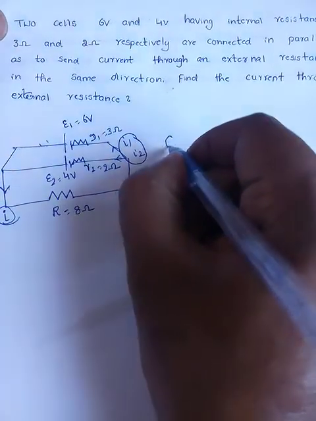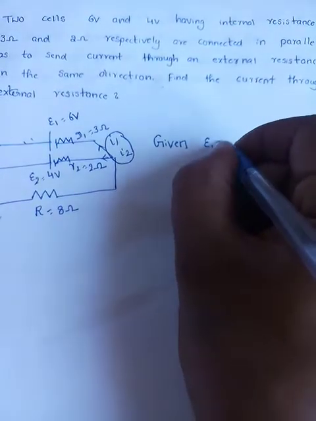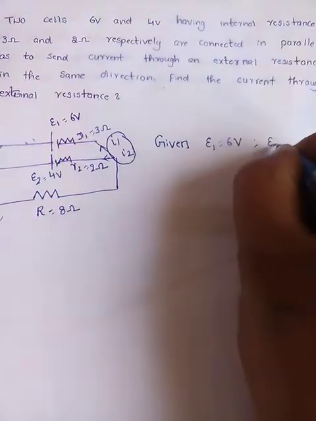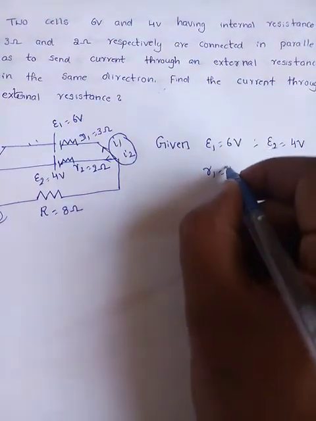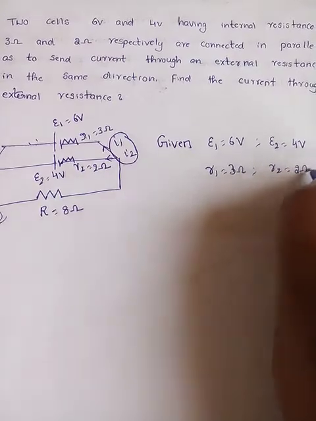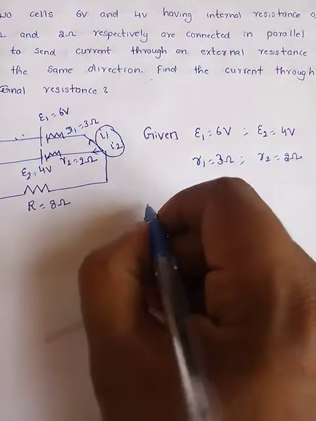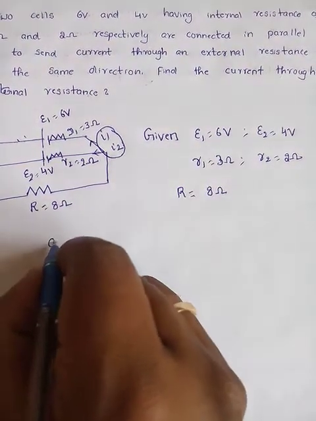So, here what are the given values? We should write clearly: given E1 equals 6 volts, E2 equals 4 volts, R1 equals 3 ohms, R2 equals 2 ohms. Now, external resistance R equals 8 ohms.